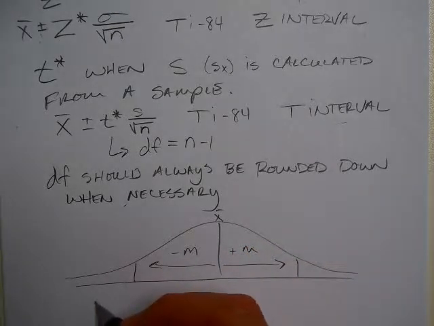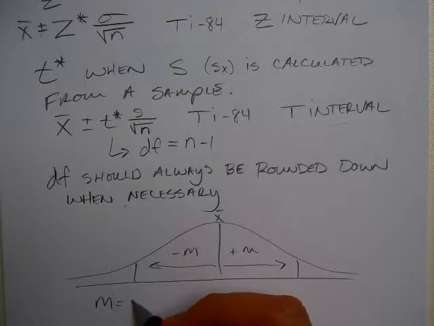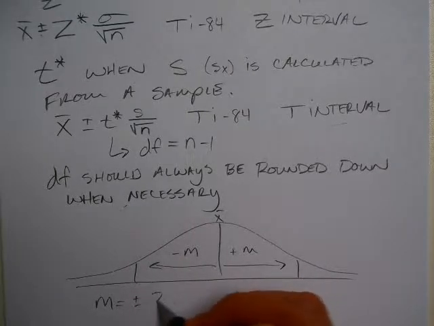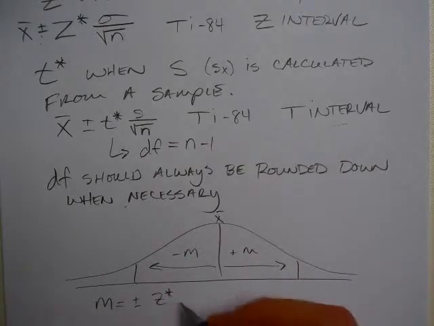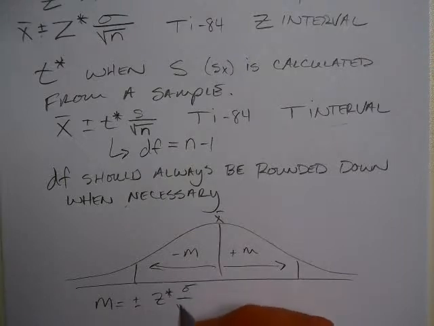So the margin of error in one situation, m equals plus or minus z star times sigma over root n.